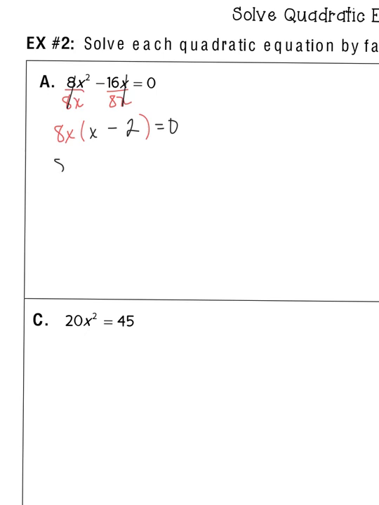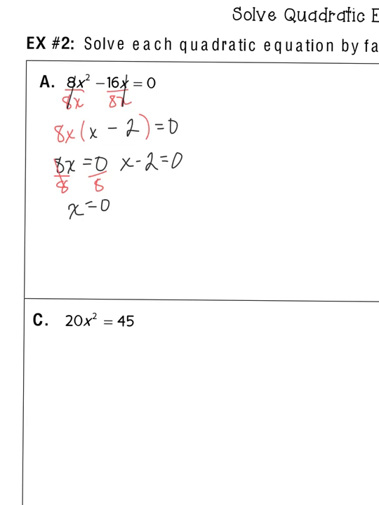According to the zero product property, we have to set each of these equal to 0 and solve. There actually is an answer to this one. This is the one that most kids tend to get wrong if they're going to get one of them wrong. 0 divided by 8 is 0.